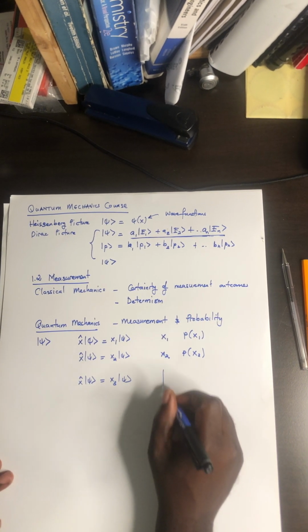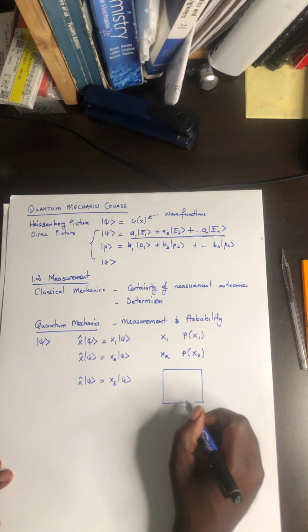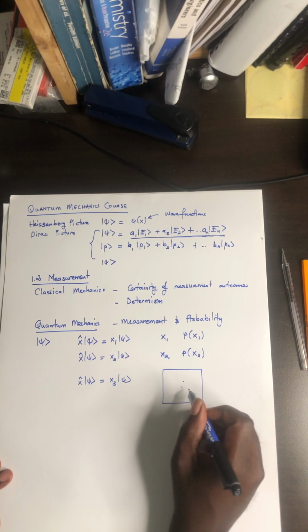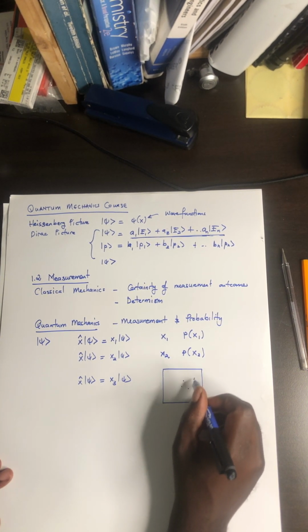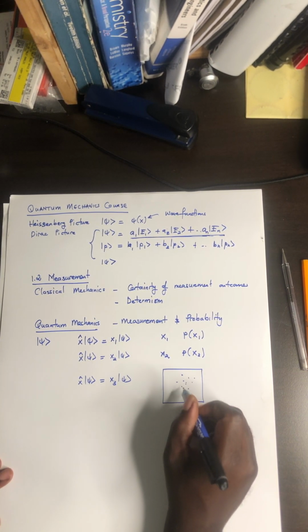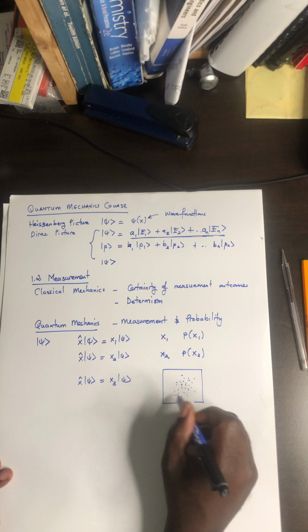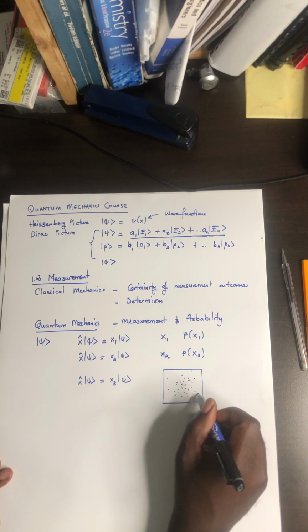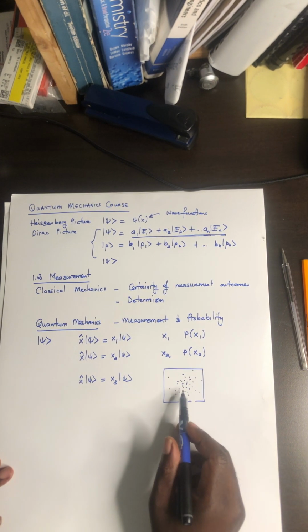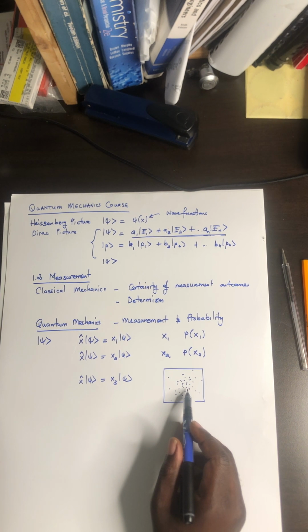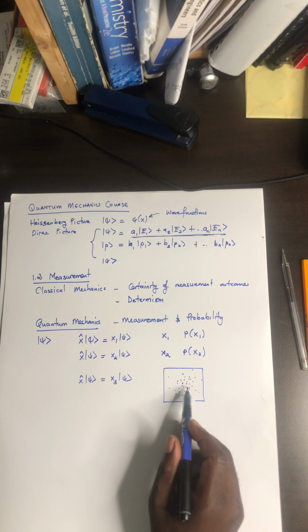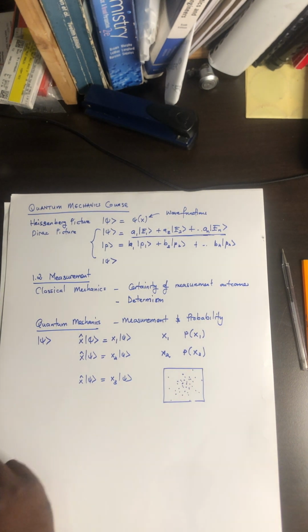At one point it might hit the center of the screen, at another point here, at another time there. So there's a possible set of outcomes that you can get from measurement, and each outcome has an associated probability of getting that outcome of measurement.